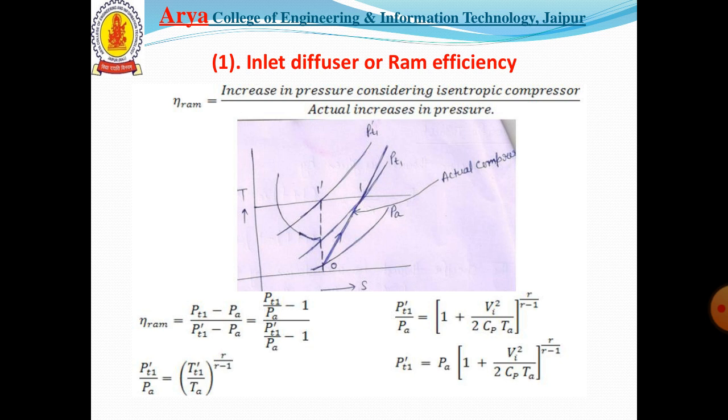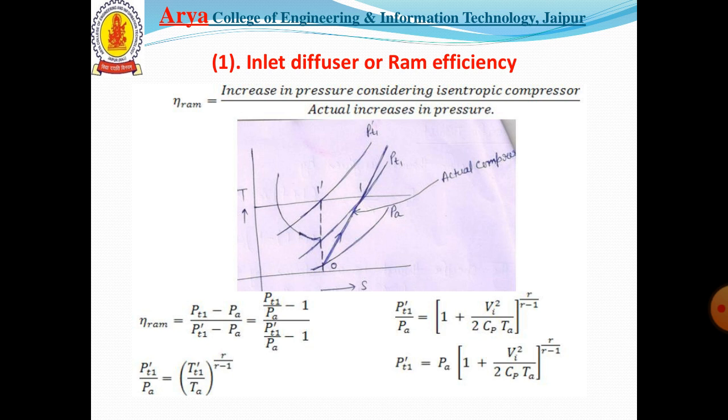The formula can be written as η_ram equal to (P_T1 − P_A) upon (P_T1' − P_A), equal to, by dividing by P_A, (P_T1 upon P_A − 1) upon (P_T1' upon P_A − 1). Now P_T1' upon P_A equal to (T_T1' upon T_A) to the power γ upon γ − 1.